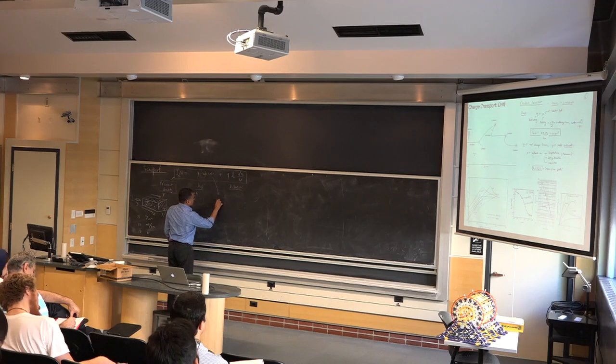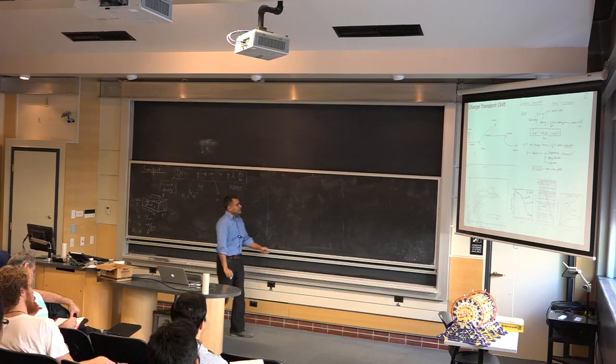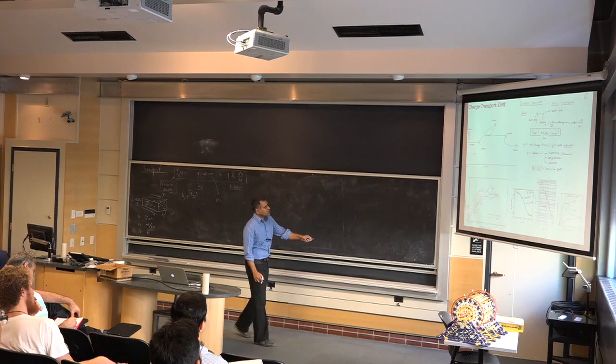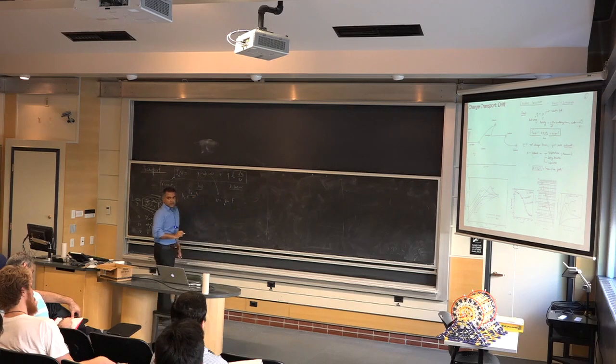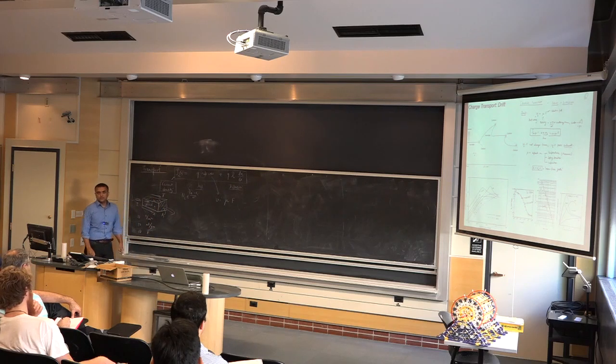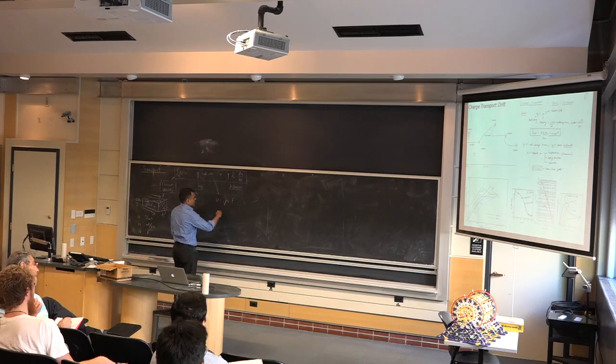The velocity for small amounts of electric field is linearly proportional to the electric field, and that proportionality constant is called the mobility. So electron mobility or hole mobility. That makes sense? So that's just a constant of proportionality.